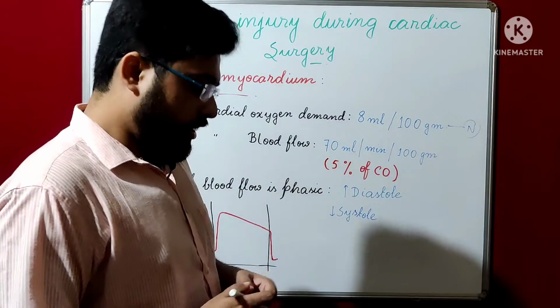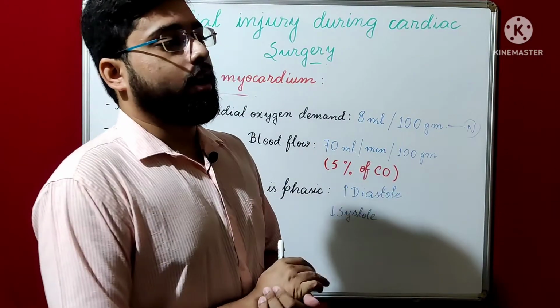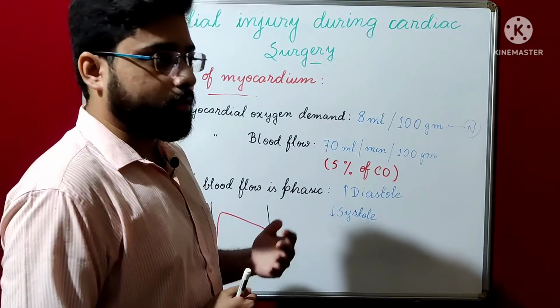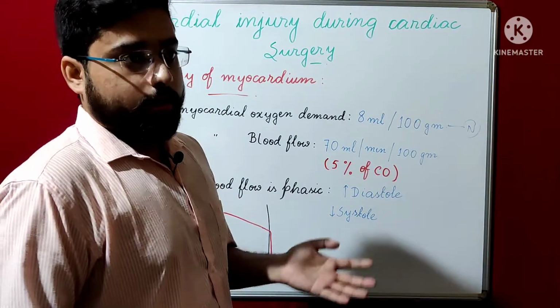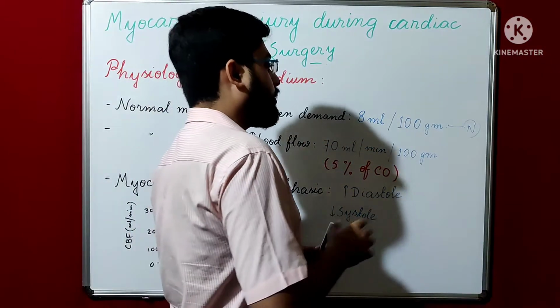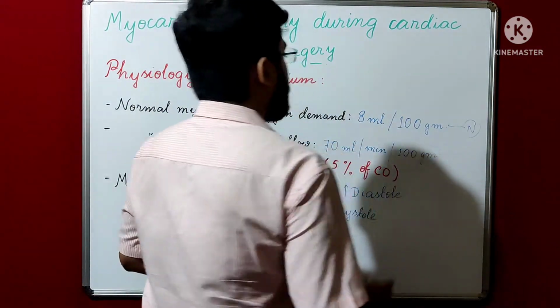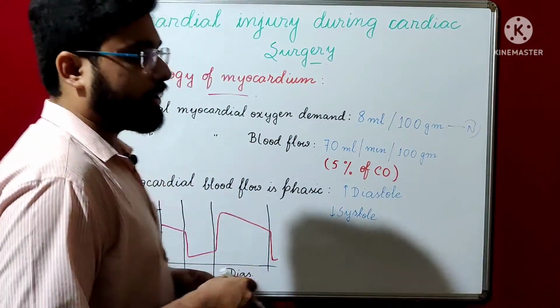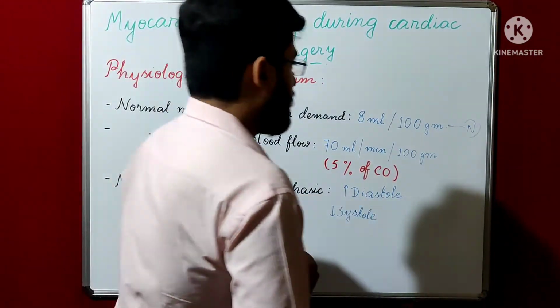Now we all know during open heart surgery we arrest the myocardium with potassium rich cardioplegia. Why do we arrest the heart?